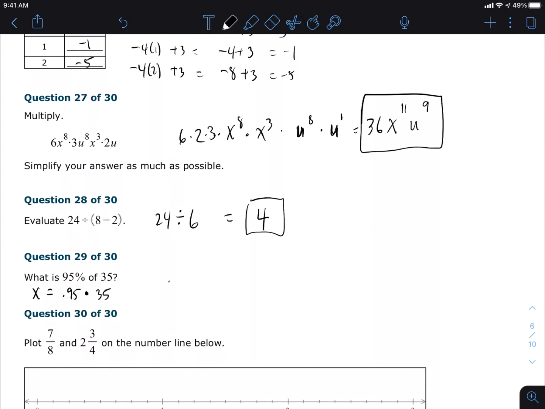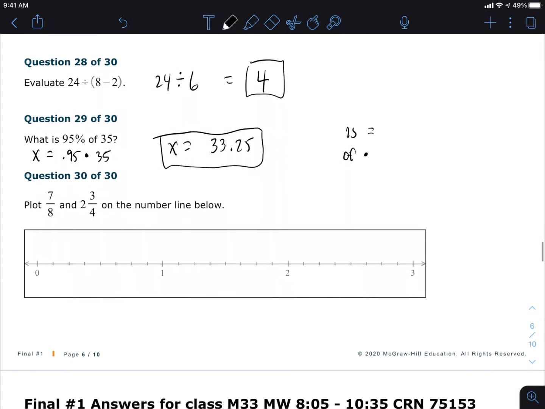So then x should equal 0.95 times 35, which will be 33.25. Okay, just remember, is equal, of is multiply. Okay, all right, and then the last one.